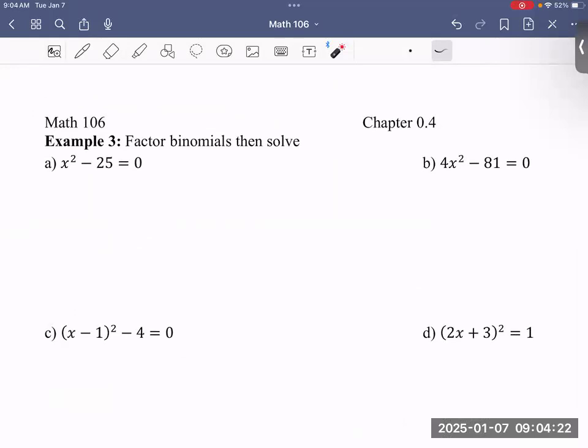Difference of squares, they're easy to spot. You only have two terms where the middle term, typically your x term, is missing. So it's really just the x squared term and your constant. Even better is that they're separated by a subtraction sign and everything in sight is a perfect square.